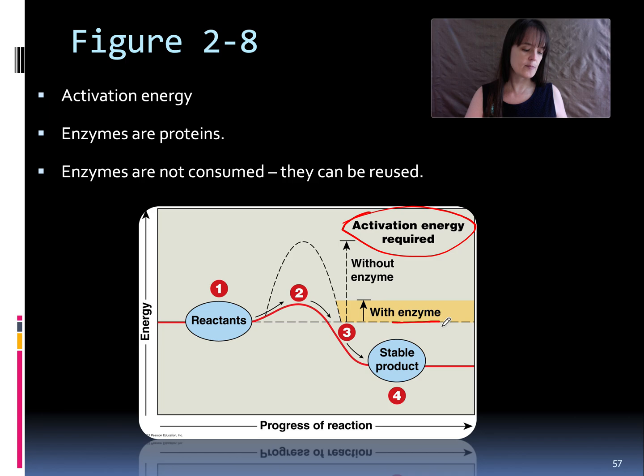Enzymes accelerate chemical reactions and are not consumed, so they can be reused. Are all enzymes proteins? Yes. Enzymes are proteins. Are enzymes consumed or used up by the chemical reactions they activate, or can they be used again? They can be reused.